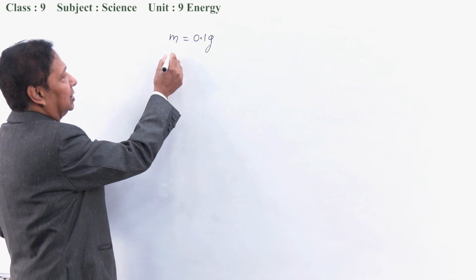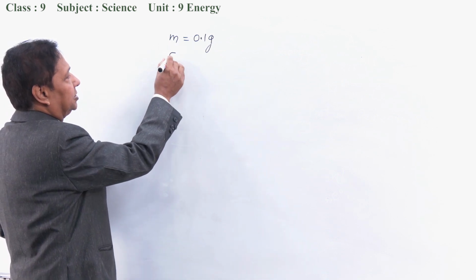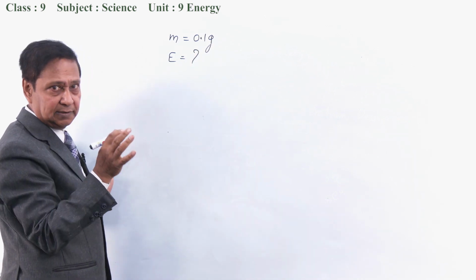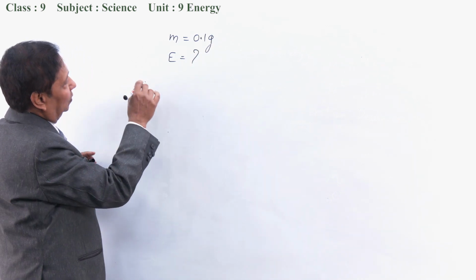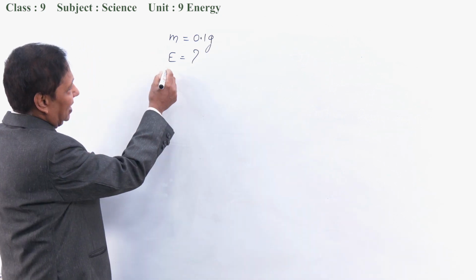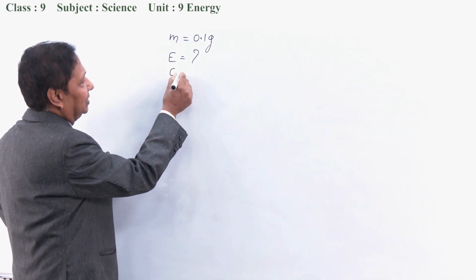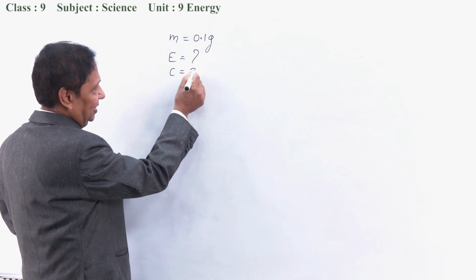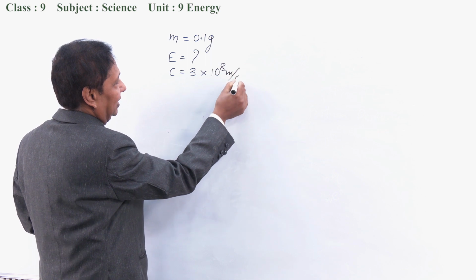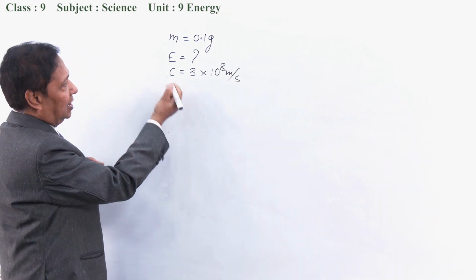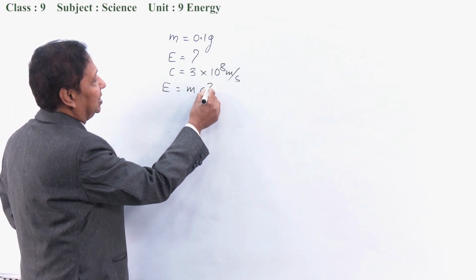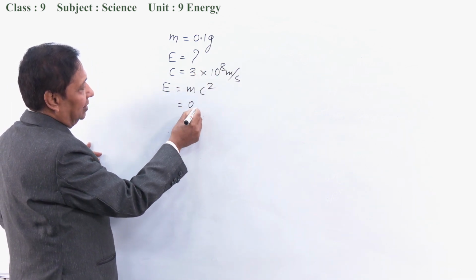How much energy is produced in the destruction of this 0.1 gram of mass? This is the question. We are using E equals mc squared. And we know that the velocity of light, denoted by c, is 3 into 10 to the power 8 meter per second. Now, using this equation, E equals mc squared, we can get the result.